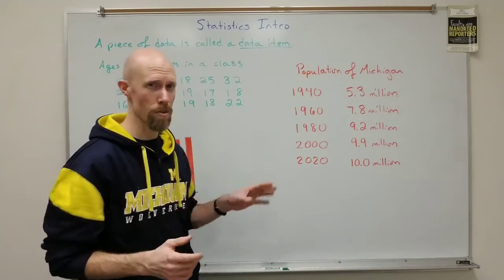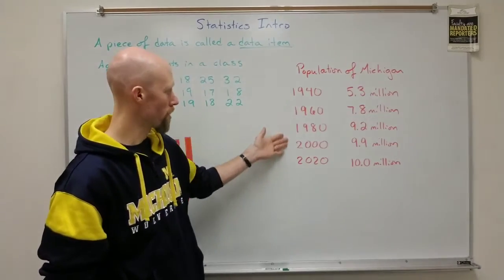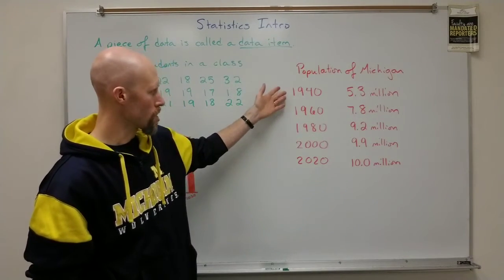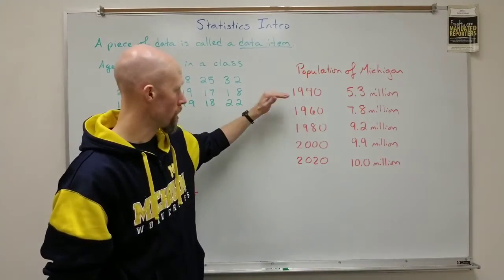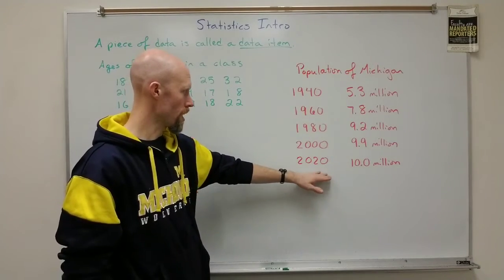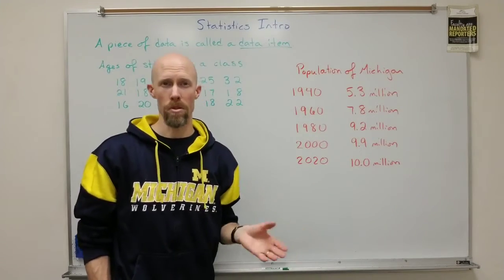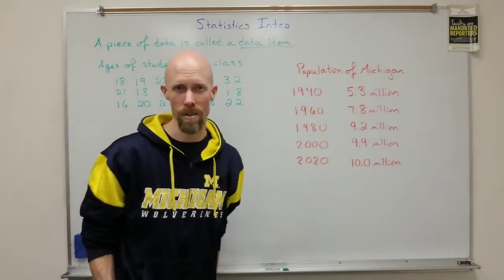So let me show you an example here. I've got the population of the state of Michigan over the last 80 years, and it's split up into different 20-year chunks, basically. So 1940, 5.3 million, 1960, 7.8 million, so forth, all the way down to 2020, there's about 10.0 million people, rounded to the nearest 100,000, essentially.